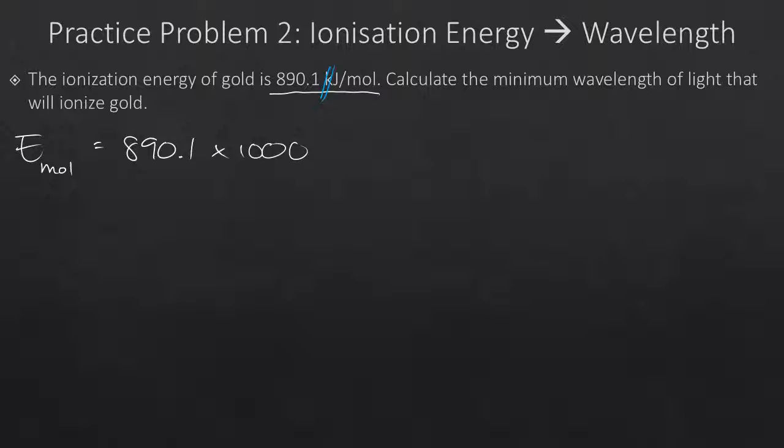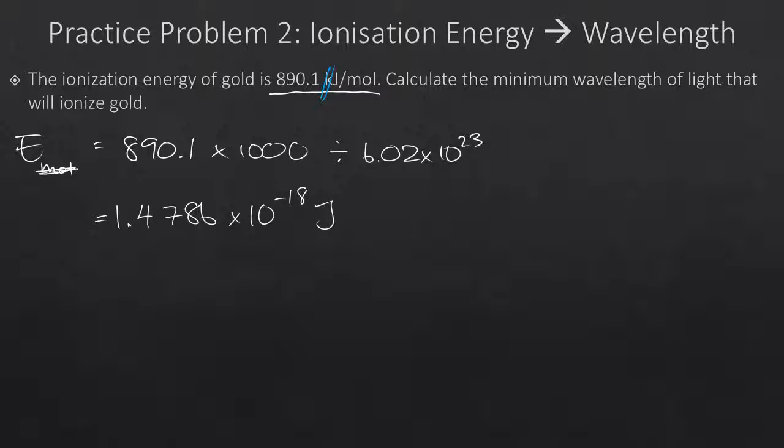So I need to divide by 6.02 times 10 to the 23. Okay, so I have my energy, and I've got rid of the moles now. It's 1.4786 by 10 to the negative 18 joules.